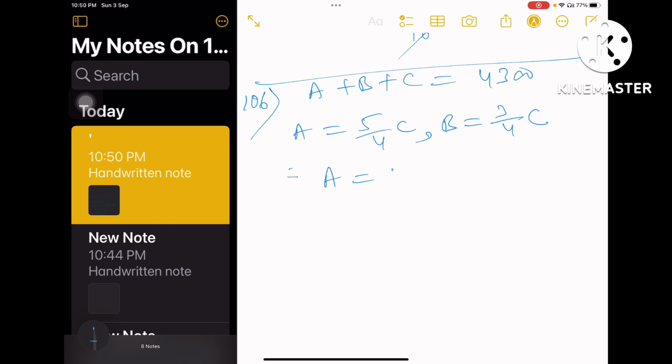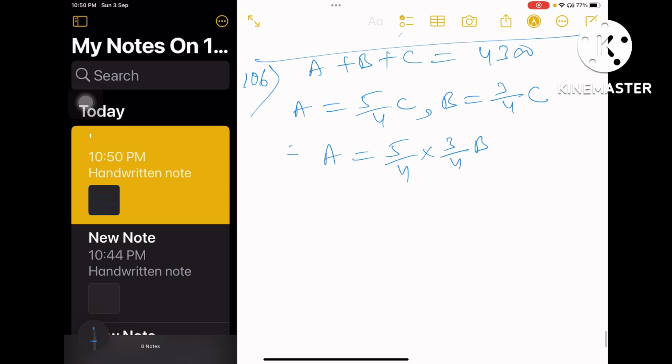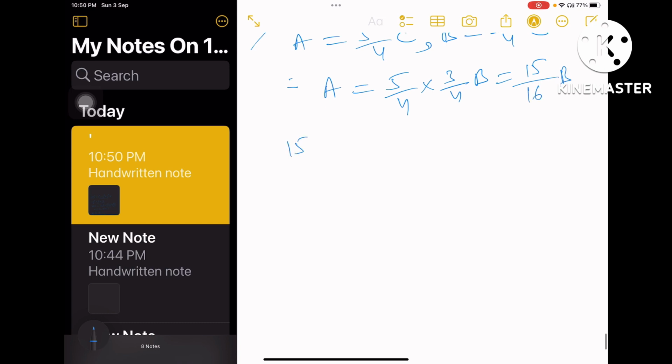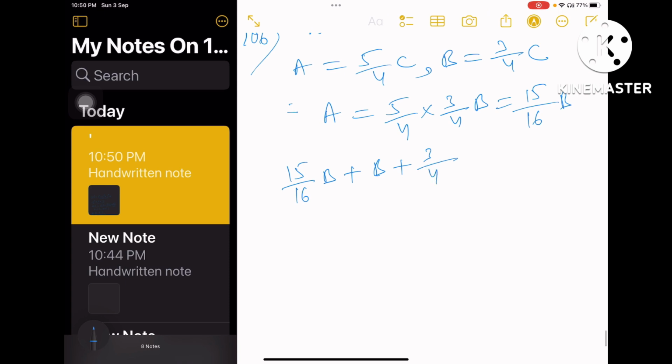Therefore A will be 5 by 4 of C, and C in turn is 3 by 4 of B. So the relation between A and B is this. Now it will be 15 by 16 B. A is 15 by 16 B, plus B as it is, plus C is 3 by 4 B, equal to 4300.